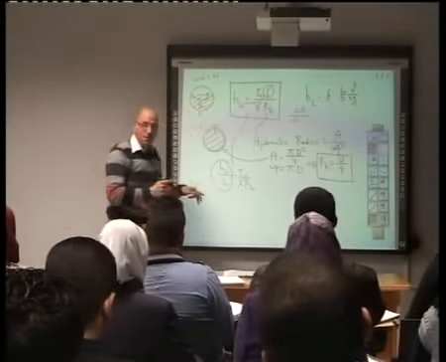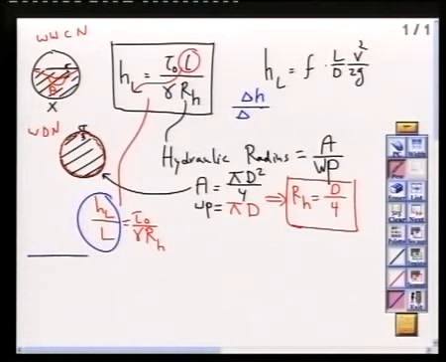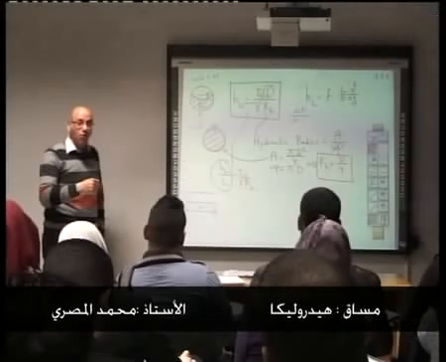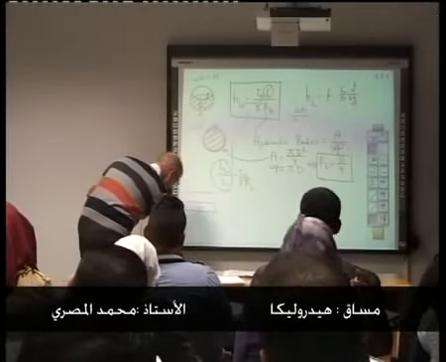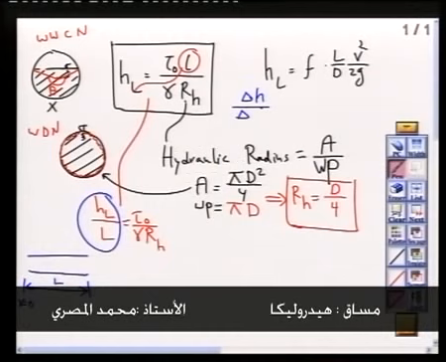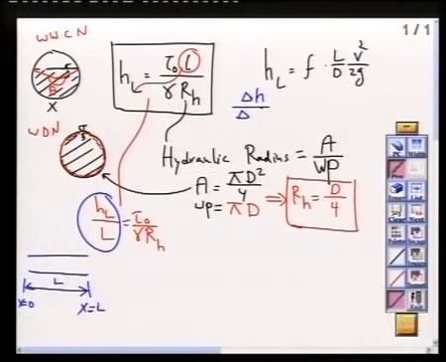And L, simply, if this is a pipe, then this is L. But if we take coordinates, then this is X equals 0, as somebody said already, and this is X equals L. And then this is dH over dx, or delta H over delta X.